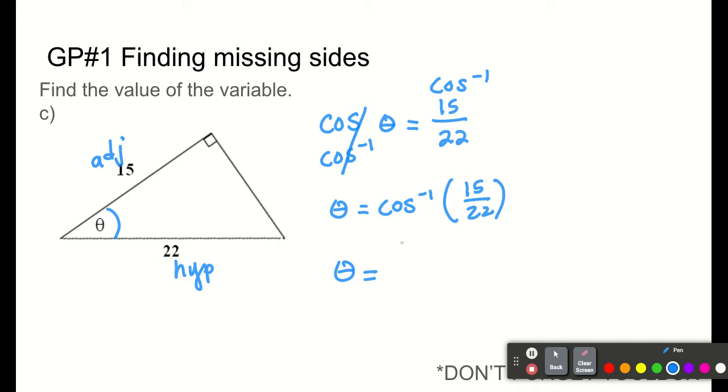We round to the nearest degree, the nearest whole number, and that's going to give us 47 degrees. And that is using inverse trigonometry. Don't forget to answer your essential question.